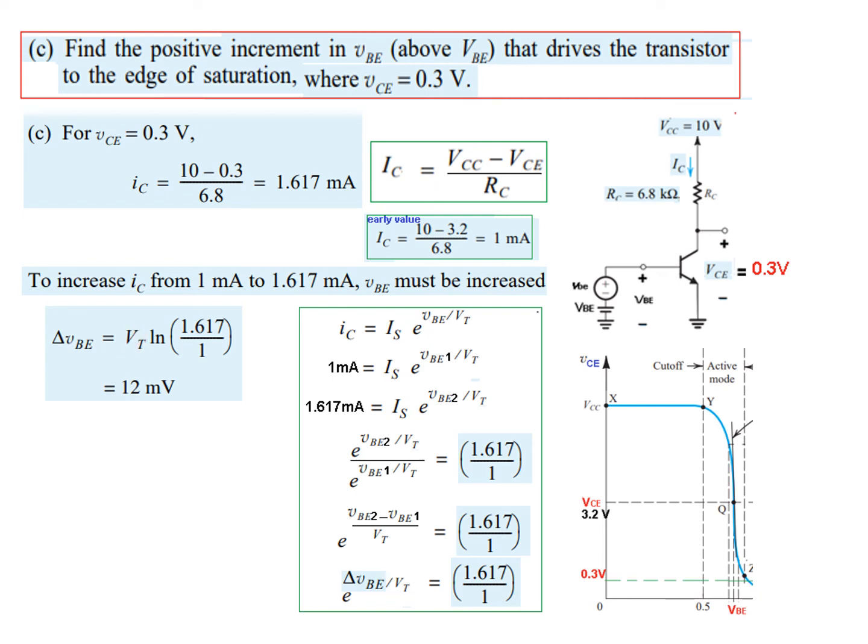VT we know is 25 millivolt, and multiplying that with the log of this term, the answer is 12 millivolt. That means the input signal will increase by about 12 millivolt. From here to here, the increase will be 12 millivolt. So this is part C.